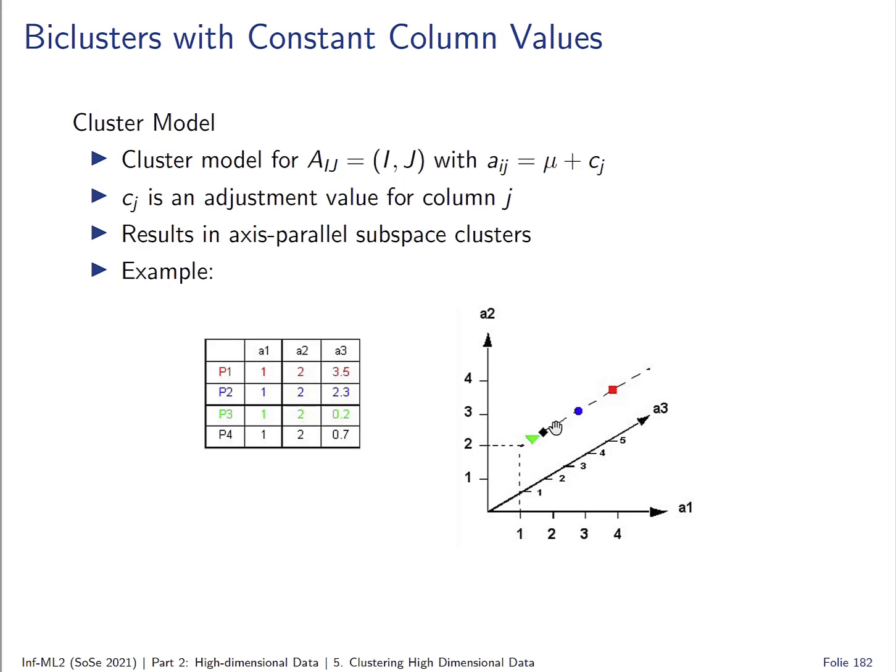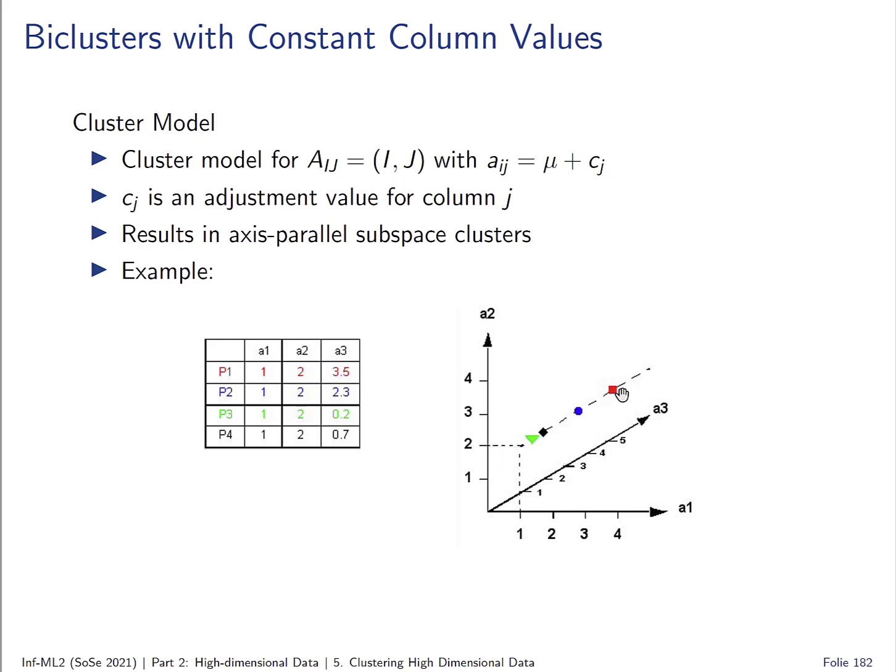And you see the spatial pattern already. It is a kind of axis parallel subspace cluster. So we once again have a kind of spread along these non-relevant features like A3 here. So there is a spread along A3, but in A1 and A2, the two relevant features here, the two participating columns in this bicluster, there the values need to be exactly the same in each row.